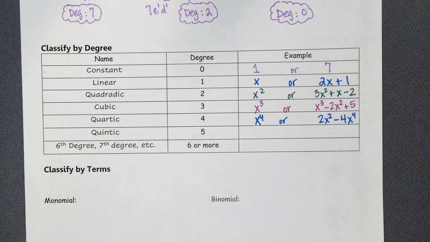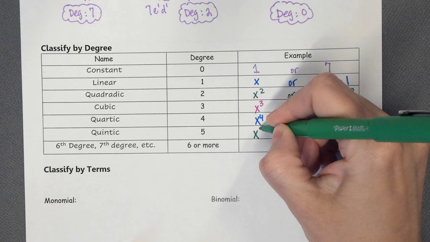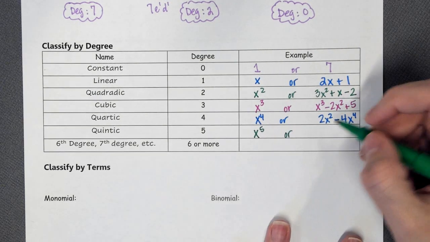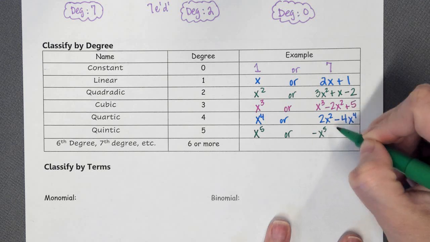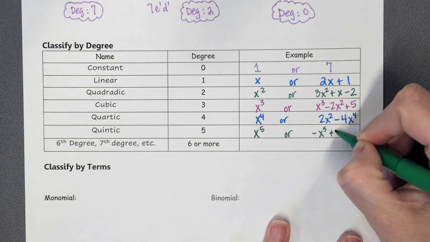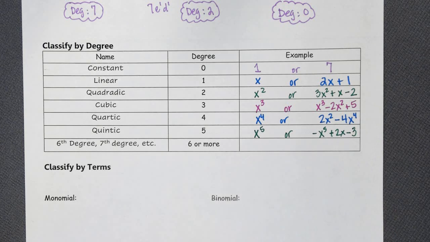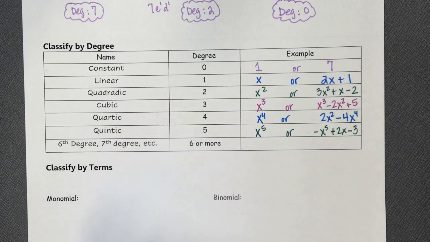Okay, and then x to the 5th. You can also have negative values, like x to the 5th plus 2x minus 3. And that's called a quintic.